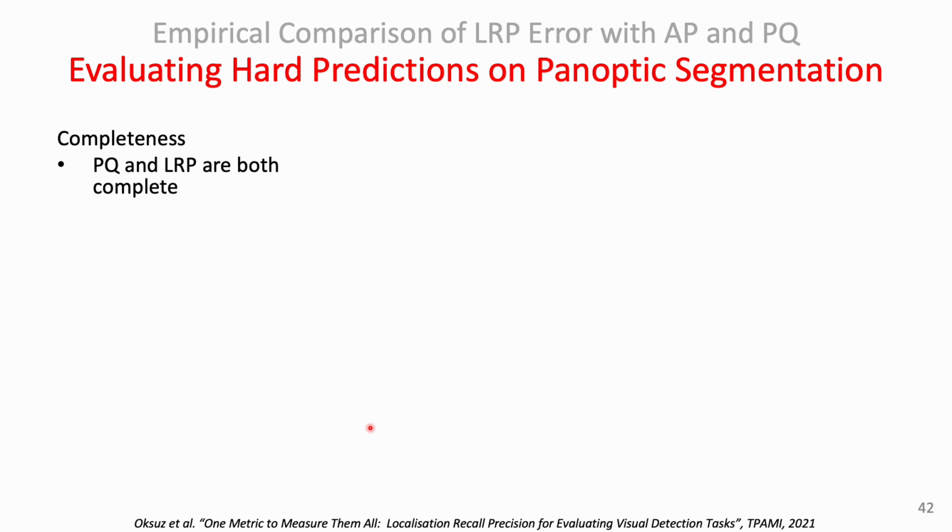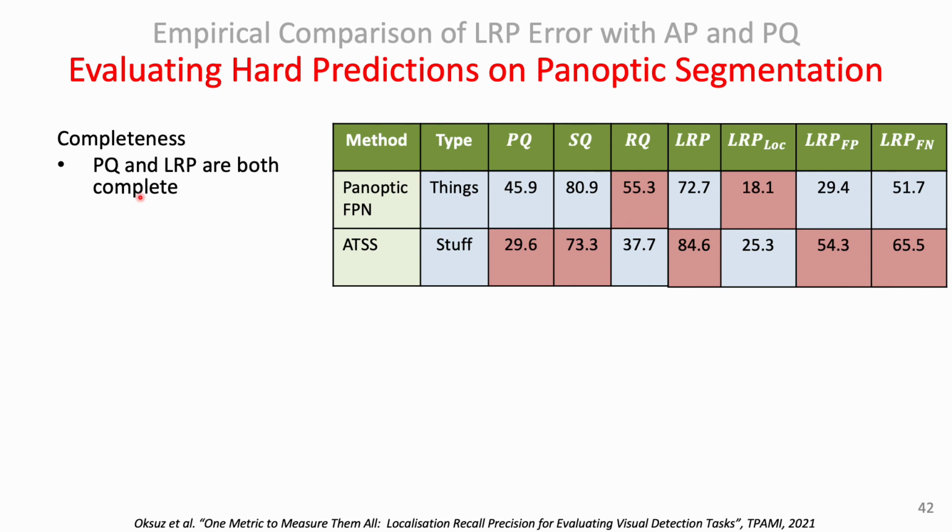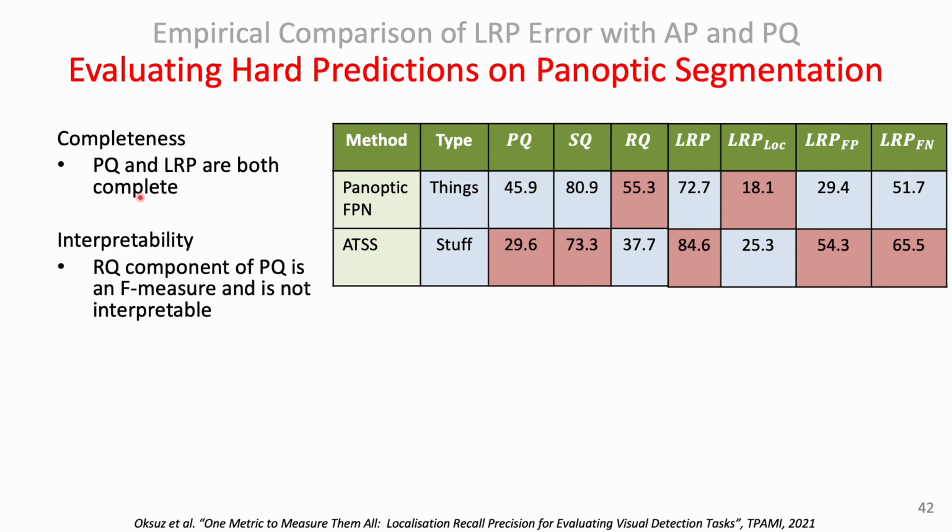If you compare panoptic quality and LRP in terms of completeness, we see that both are complete, since they both incorporate the number of false positives, the number of false negatives, and localization while measuring performance. In terms of interpretability, both methods are interpretable. They provide performance in terms of localization and classification.